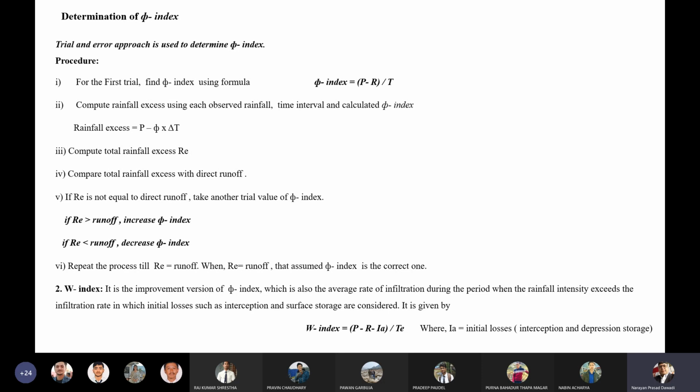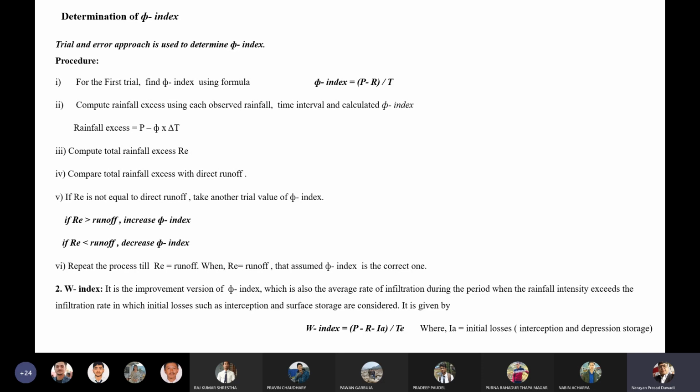process. This is the procedure of determining phi index. Now W index, as I have already told you, phi index and W index both of them are the index which determine the infiltration rate of the soil.